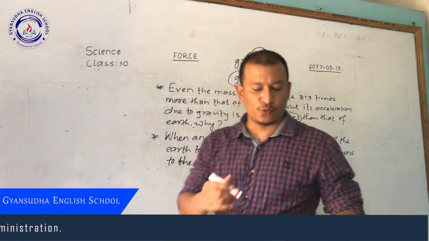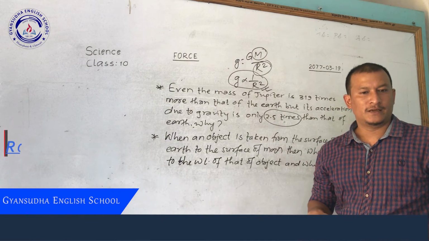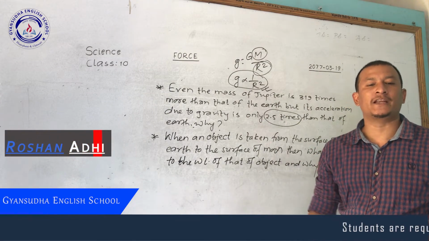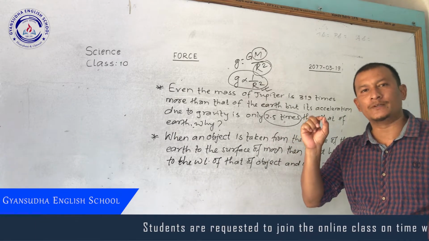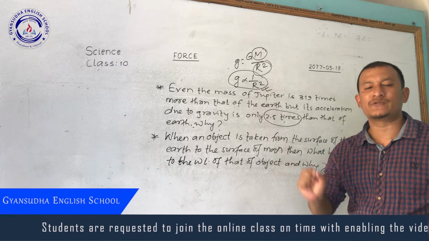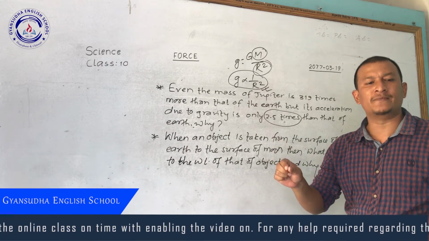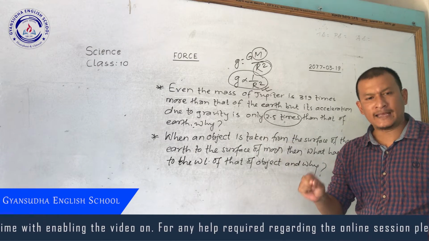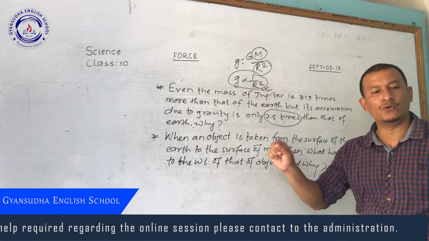That is, will the weight of the object be increased or decreased? The weight of the object obviously decreased by 6 times because the acceleration due to gravity of the moon is about 6 times less than that of the earth. So the weight of the object is also decreased by 6 times, as weight is equal to mg, W equals mg.